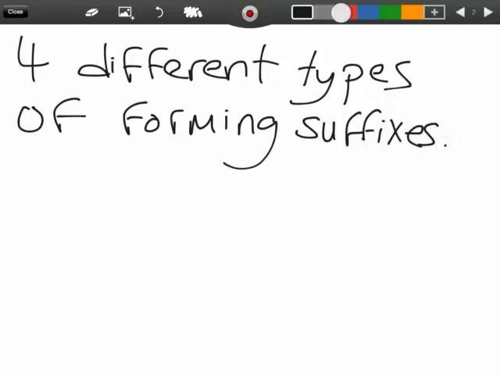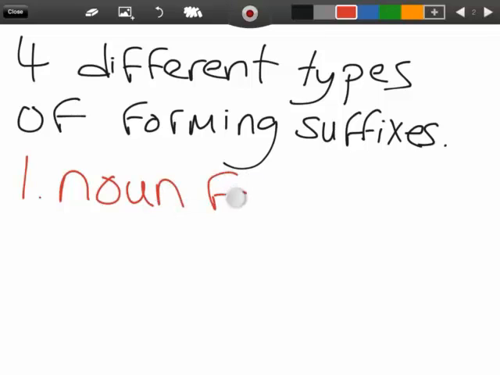What are these? Well, the first one is noun forming suffixes.